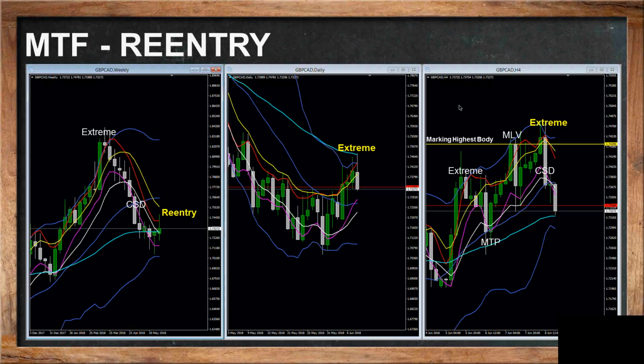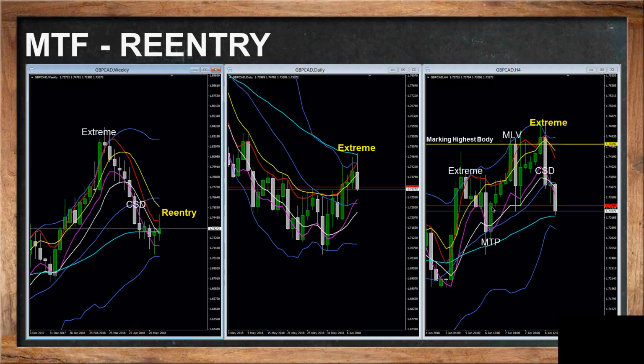Okay, so we know this is a momentum BB. All right, so every time there is candlestick momentum, we know that there is going to be a re-entry. Okay, let me just delete this. So we know that there's a potential re-entry in H4.